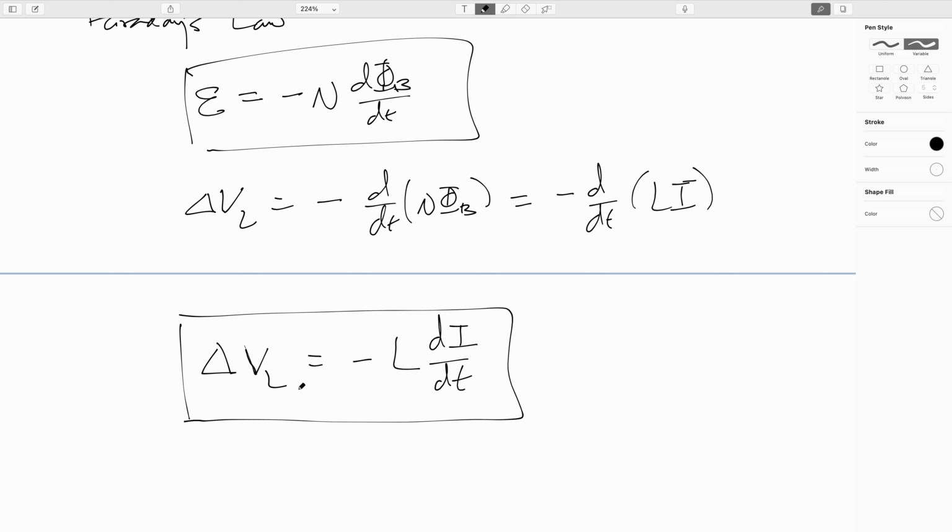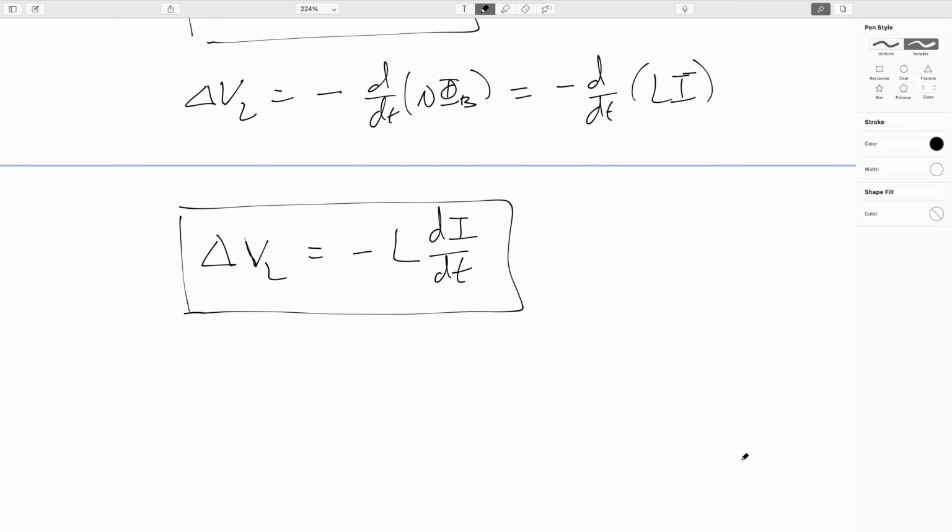The magnetic flux would be decreasing. We would be seeking to oppose that change. So a negative of a negative would be positive, meaning that the voltage across the inductor would be in the same polarity as the battery in the circuit. So we'd be attempting to reinforce the collapsing magnetic field.